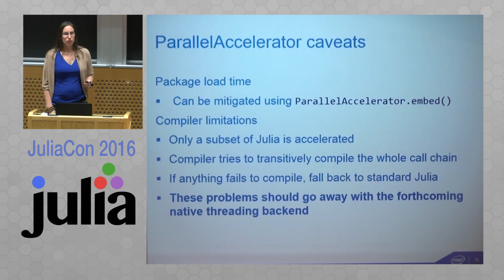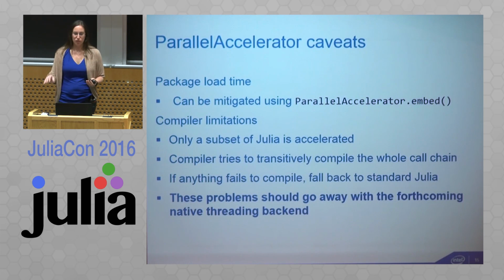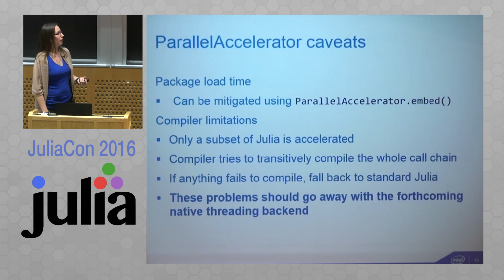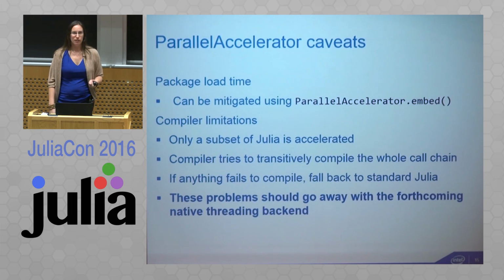So when you try using Parallel Accelerator, I think it's a good idea to start by annotating small computational kernels with ACC rather than wrapping an entire program in ACC. Our documentation has more details on which Julia features we don't support and why. But I should also note that these problems should go away with the forthcoming native threading backend, which will come with 0.5. So we're looking forward to that.